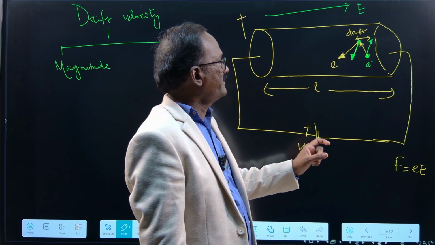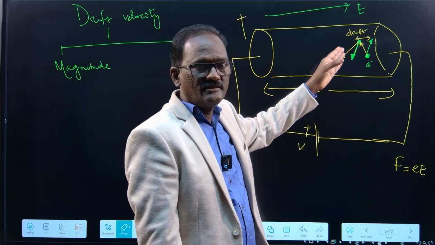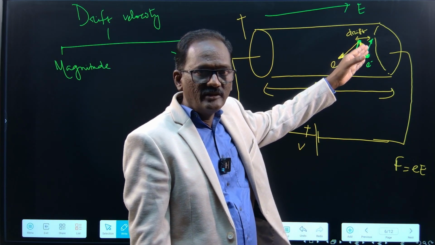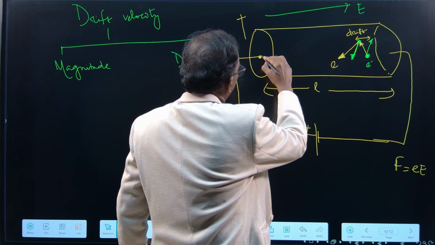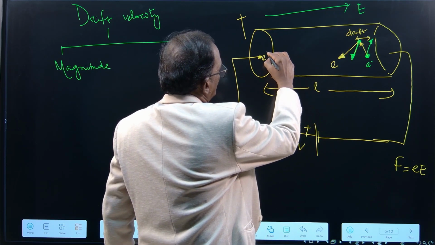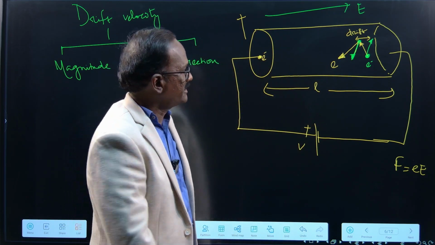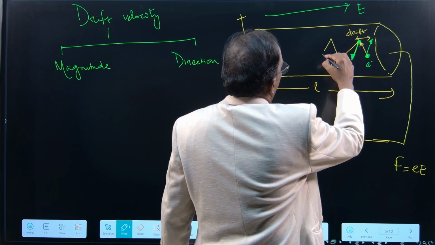So the application of the E field makes the electrons move in a zigzag fashion and finally reach this end. All the electrons will come to this end, right? So this is the zigzag way of motion.